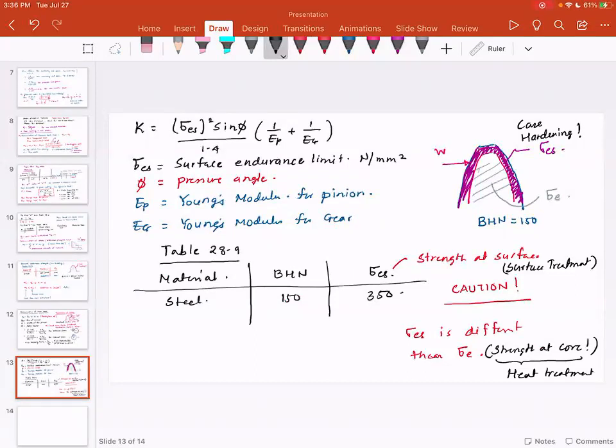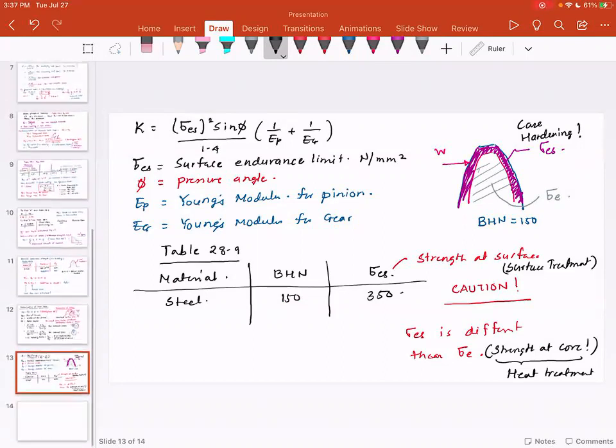So please understand, when you are trying to solve for wear, sigma ES value is going to be different. Don't use the 250 value for sigma ES, because that would be incorrect and your gear design numbers would just not work out.